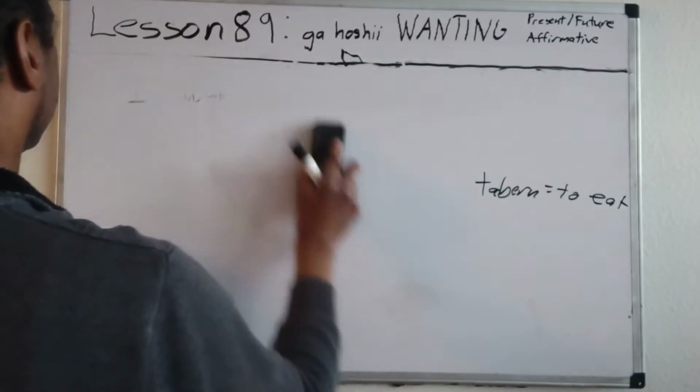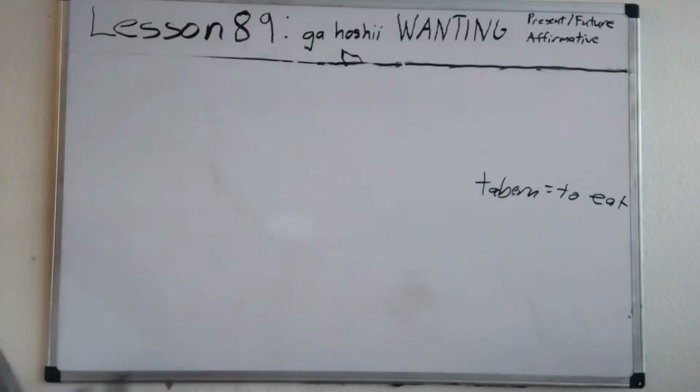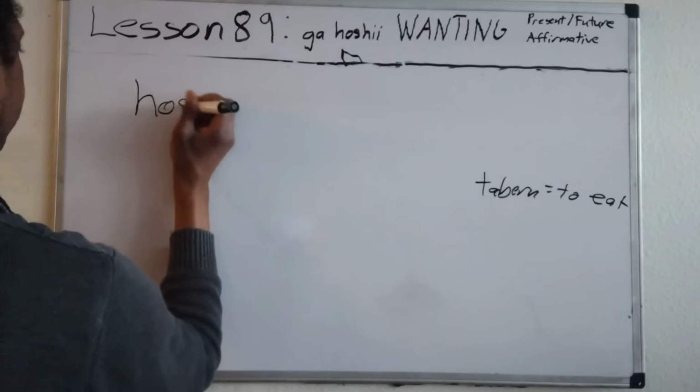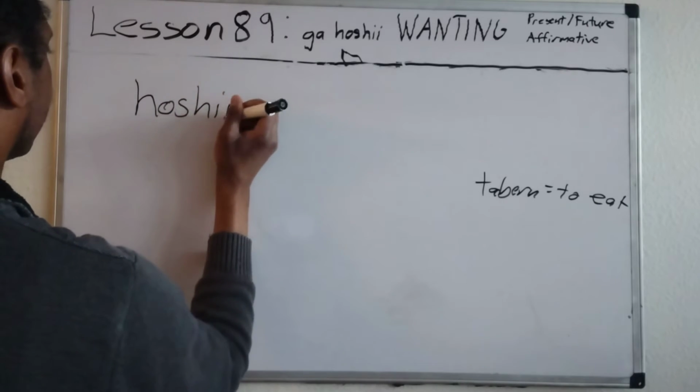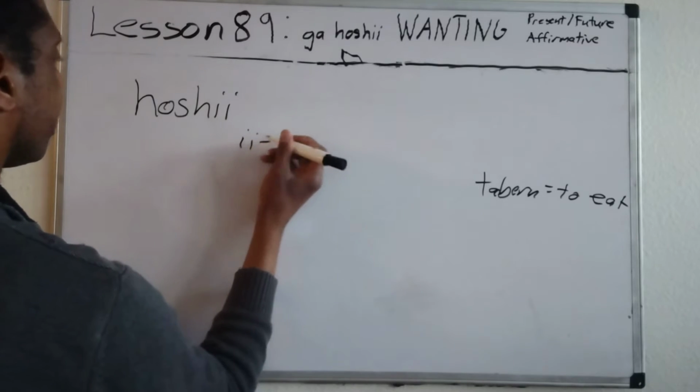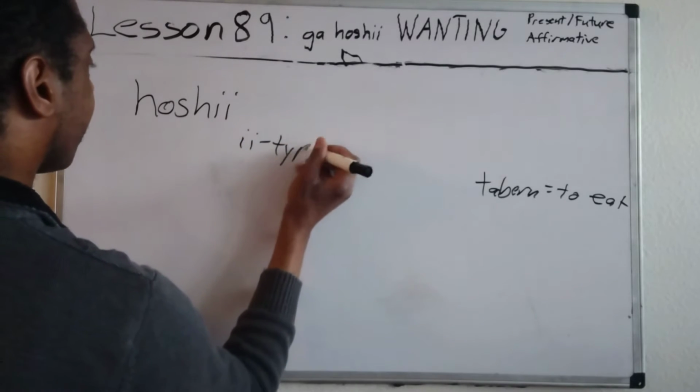Okay, now we have the word hoshii. Okay, hoshii is an E-type adjective.